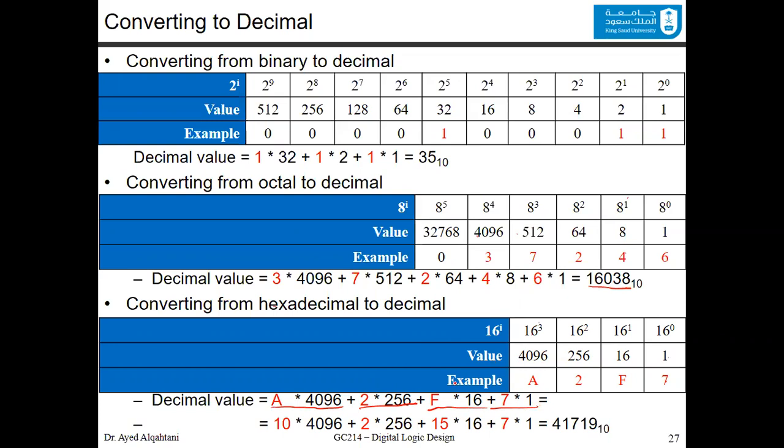In your calculator, you can multiply 7 times 1 and 2 times 16, but you don't find A and F. What to do is you represent A by 10 and F by 15, which is its equivalent decimal value. And then you get the result by adding those terms, and you get the decimal conversion.